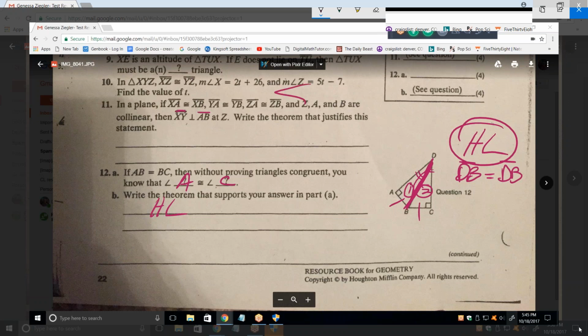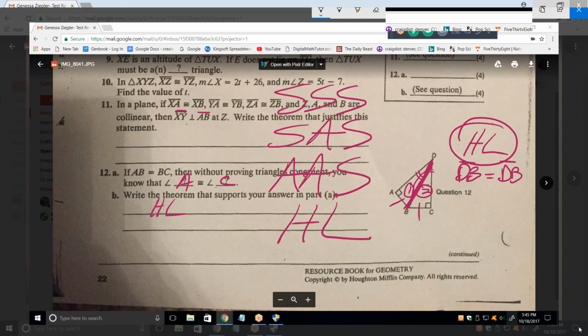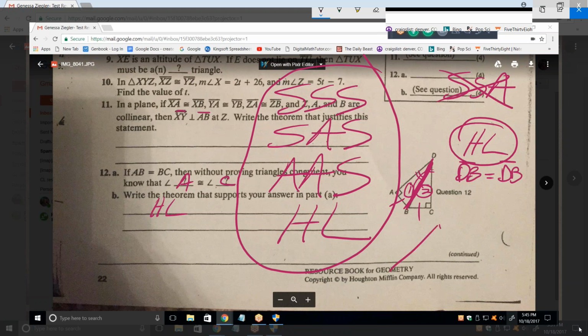There are, let's see, side, side, side. Side, angle, side. Angle, angle, side. And HL. I think that's the only four. Side, side, angle does not prove congruency, oddly enough. I can draw two triangles that are not congruent, but they have the same. Here, I'll show you.